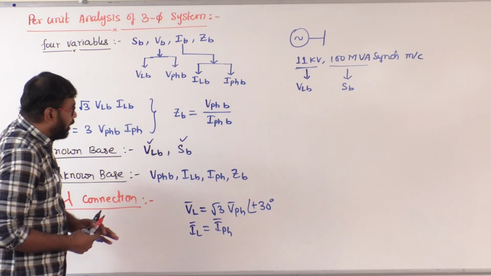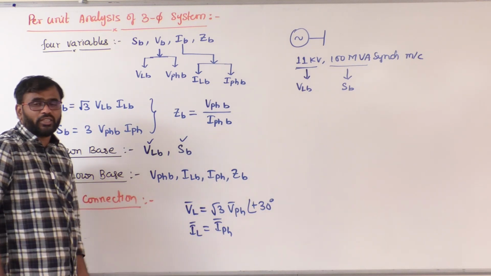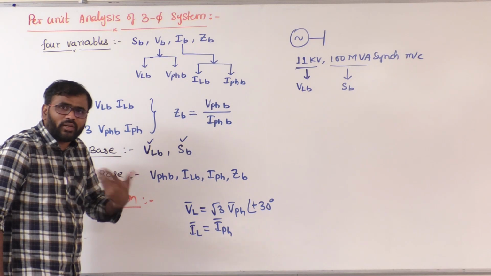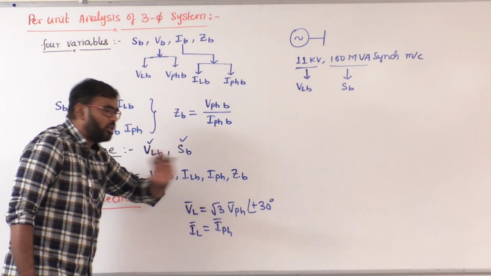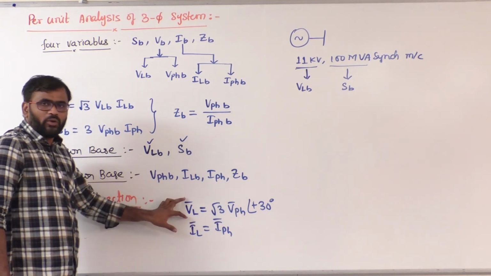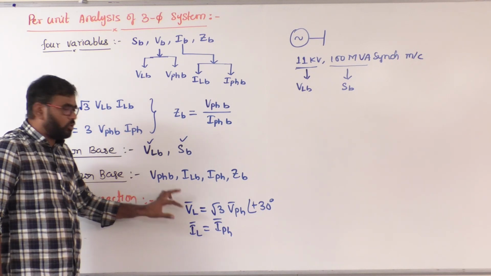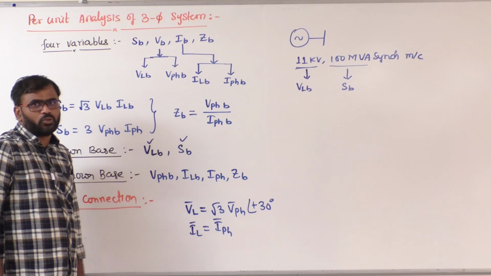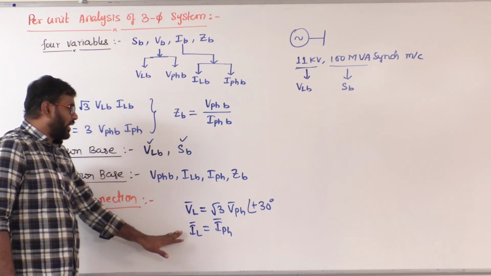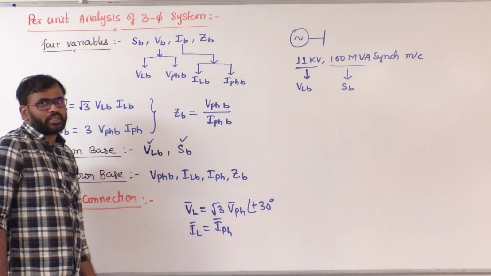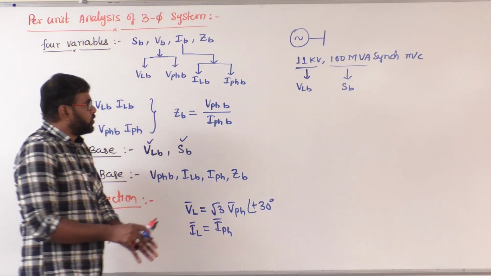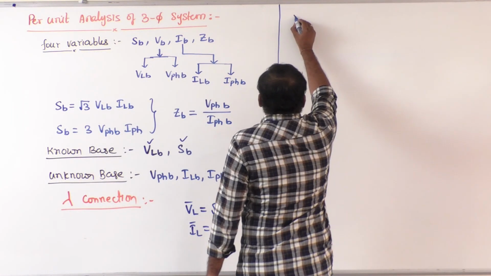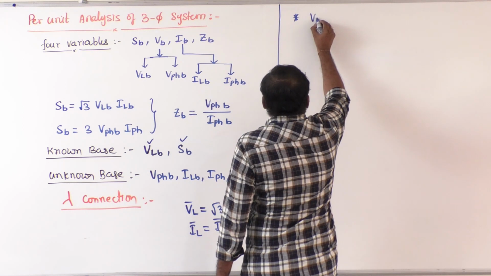See, these two relations are valid for star connection. But careful, now we are talking about base quantities. When you are talking about the base quantities, you don't need to worry about the phase angle. That means, if I want magnitude, line voltage magnitude equals √3 times the phase voltage magnitude. Line current magnitude equals phase current magnitude. So, what is V phase base?